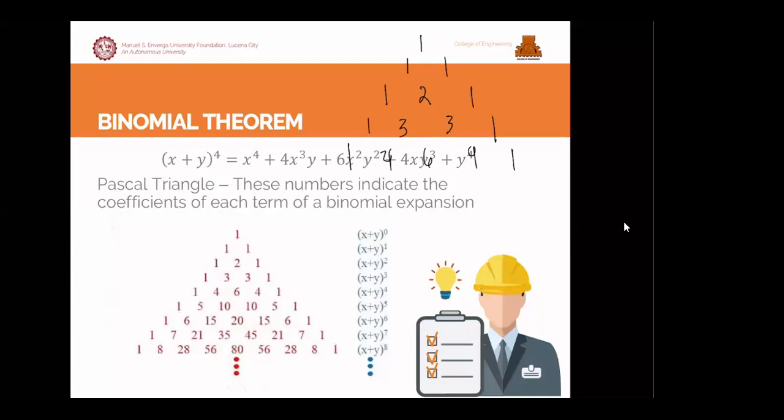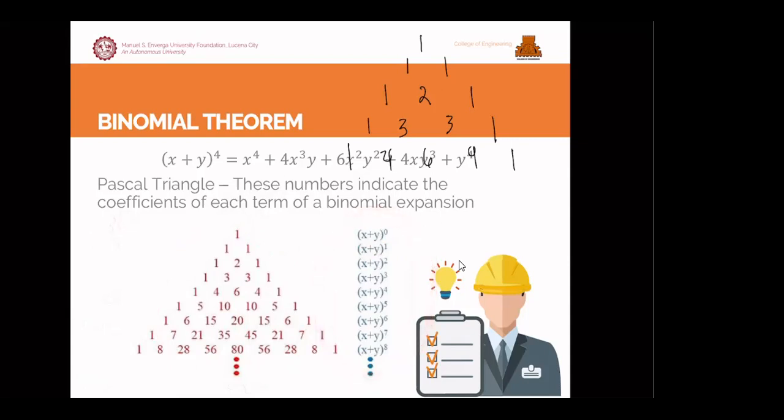Yung binomial natin. And each layer or each row correspond dun sa mismong binomial term natin. So, ibig sabihin, halimbawa, ito yung mga binomials natin, no? Ito yung mga binomials natin. Itong mga number na to correspond dun sa coefficient nung mismong equation natin.